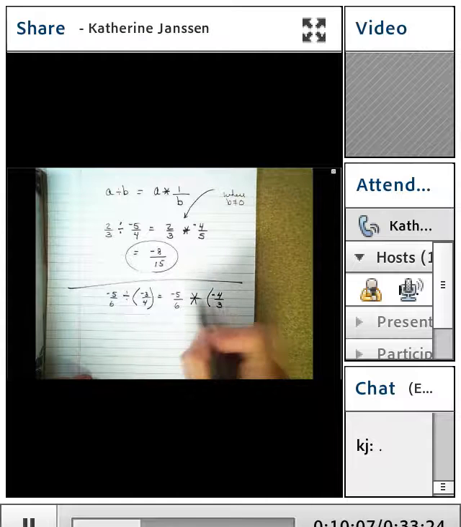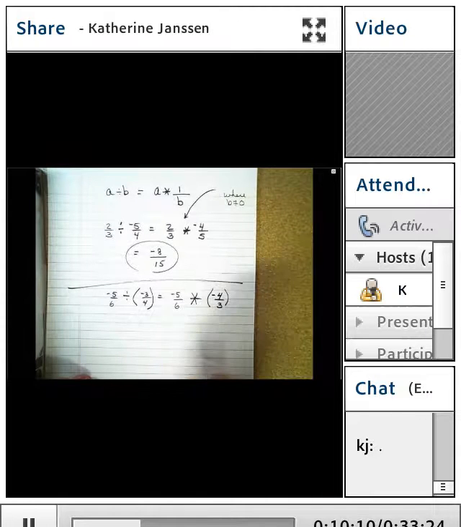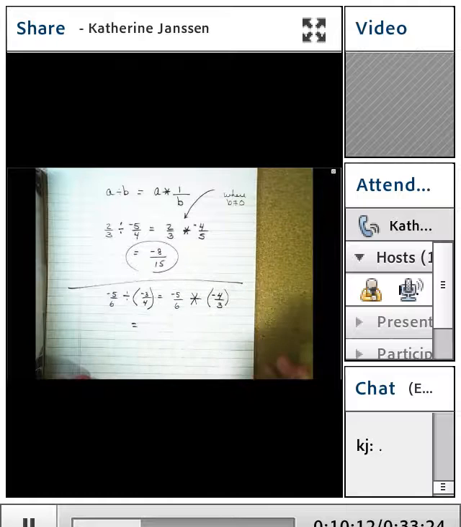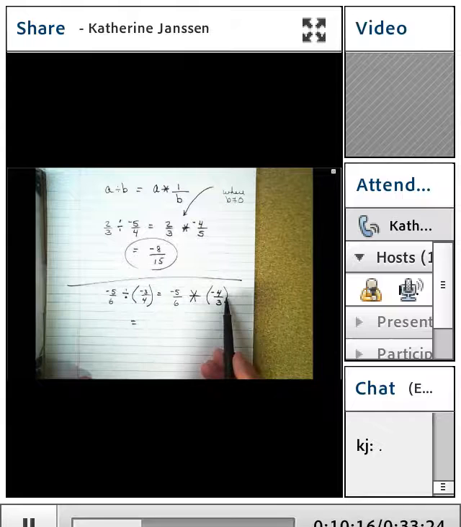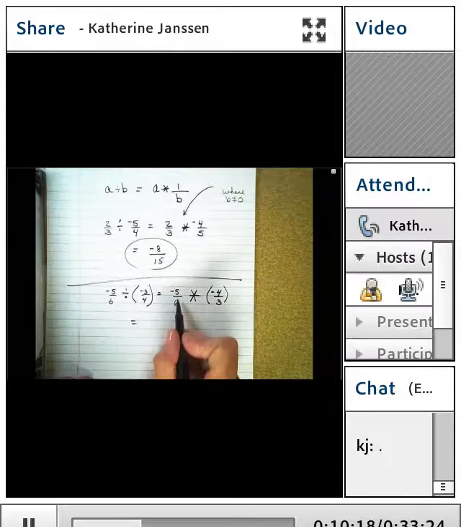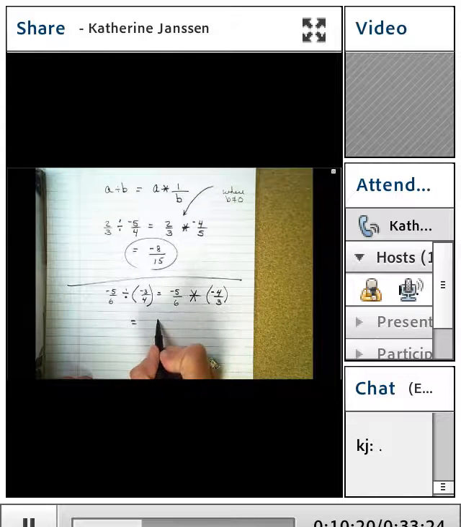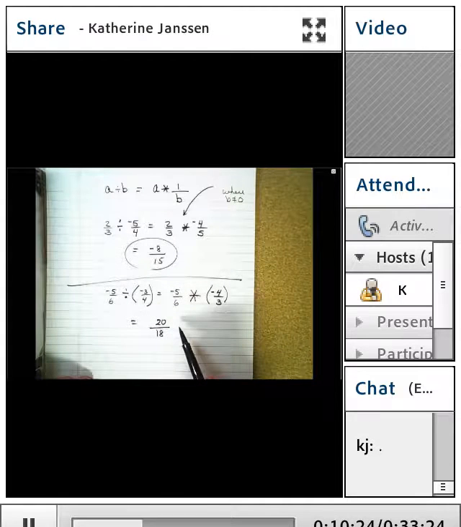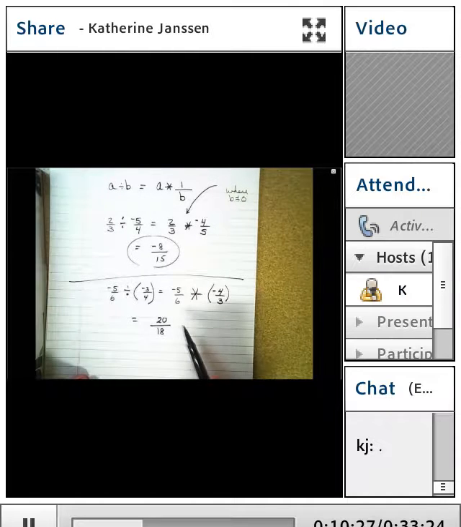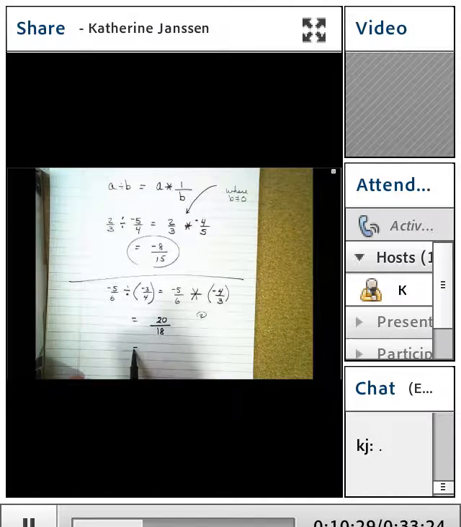Well, we already know how to multiply signed numbers, so we're defining division in terms of multiplication, something we already know. Negative times a negative is going to be positive. 5 times 4 is 20. 6 times 3 is 18. That is positive. I know that 2 will go into both the numerator and the denominator. I'll get 10 over 9, which cannot be further simplified.